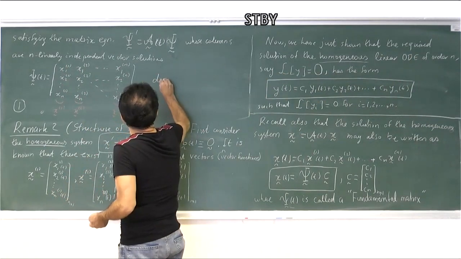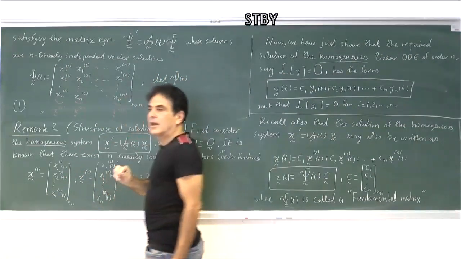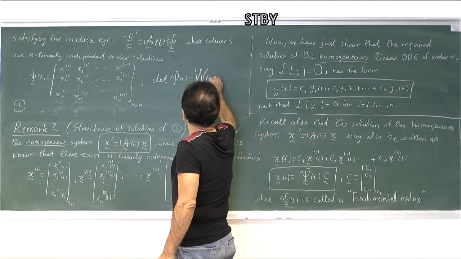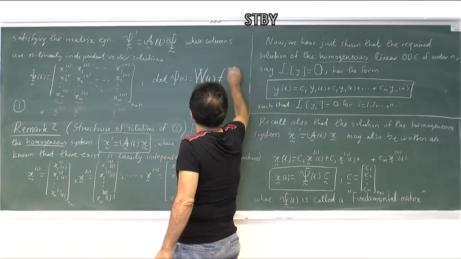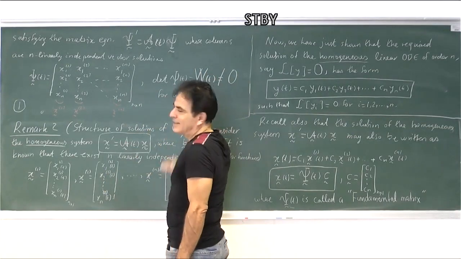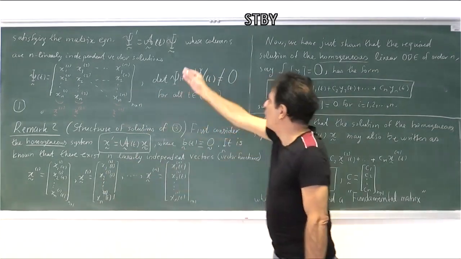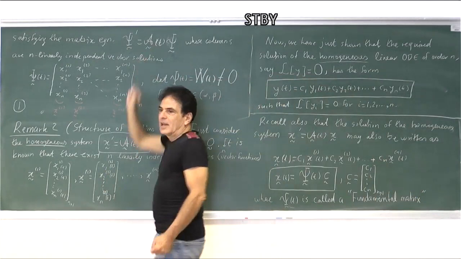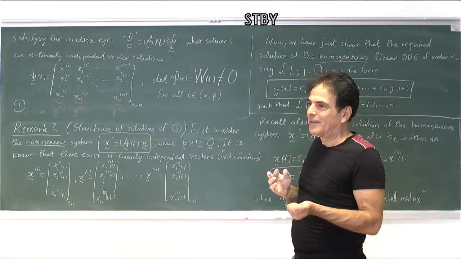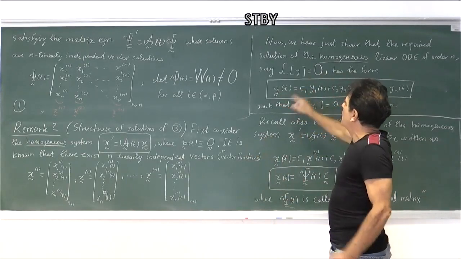The determinant of this fundamental matrix, called the Wronskian determinant, is non-zero for all t in this interval, where the coefficient matrix A of t is continuous. This is very well known from the basic theory. So now, you can say that these functions in the solution.